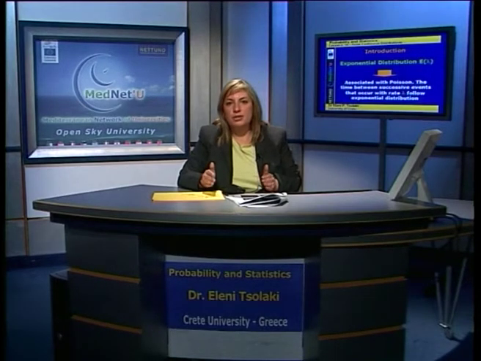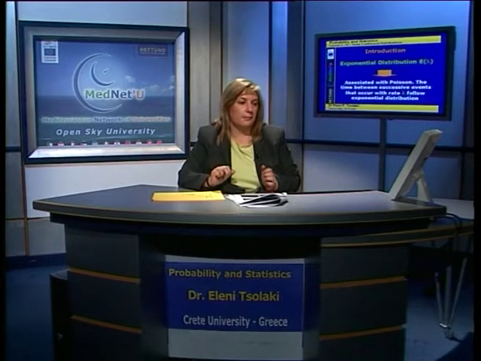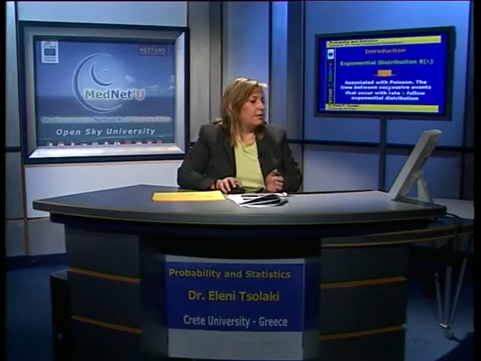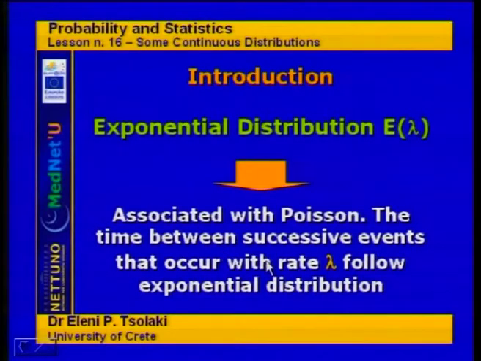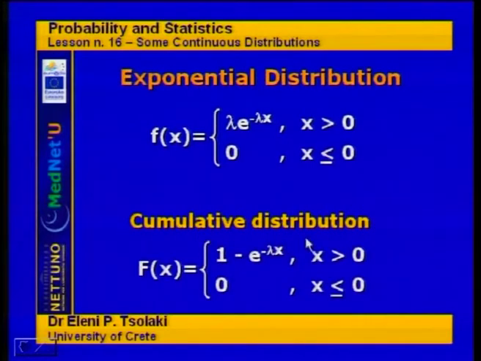Here we are measuring the time in between these outcomes, these successive events. The exponential distribution is given for x greater than 0, and 0 for x less or equal to 0, and the cumulative distribution can easily be computed from the probability density function, given here.